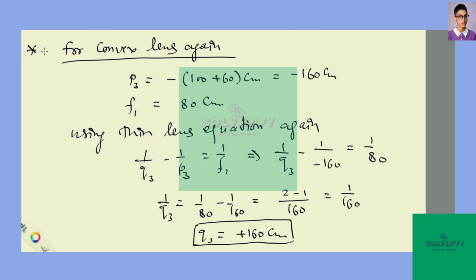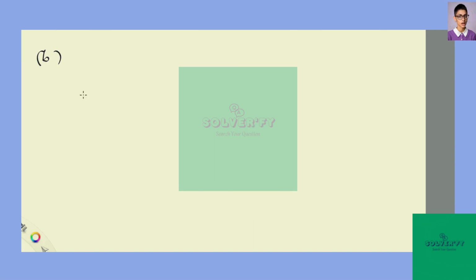Now in the second part of the problem, we have to find the total linear magnification produced by the combination of lens and mirror, and it will be equal to the product of linear magnifications produced by the lens first, m1, then by the mirror, and then again by the lens. As we know, the expression for linear magnification produced by a lens is q1 by p1. For a mirror, it becomes negative of q2 by p2, and again for the lens, it becomes q3 by p3.